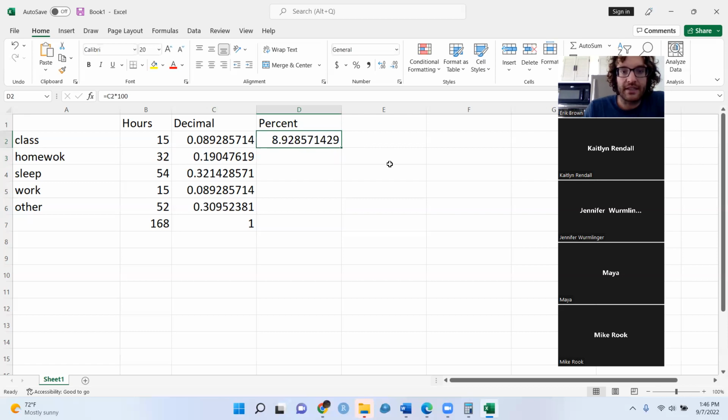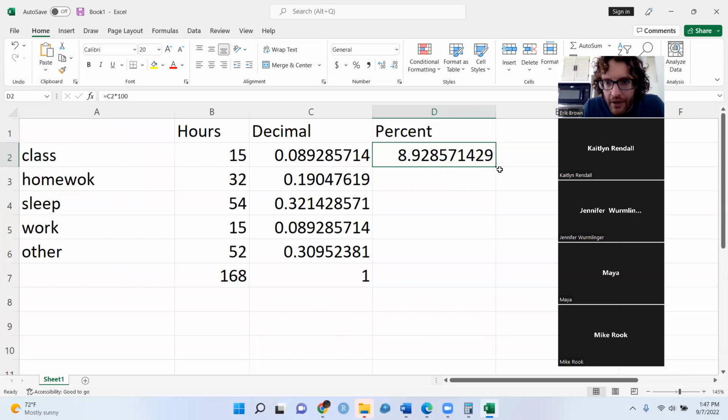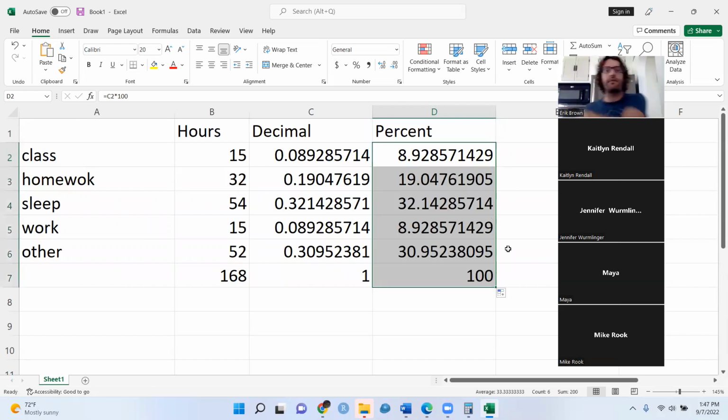Select the cell, and same thing as with here, you want to put your cursor so that, I don't know if you can see that, there's a little filled in square on the corner there. Put your cursor over it, it changes, and then you just drag it down, and it copies that formula for the rest of the cells. There's our percent.